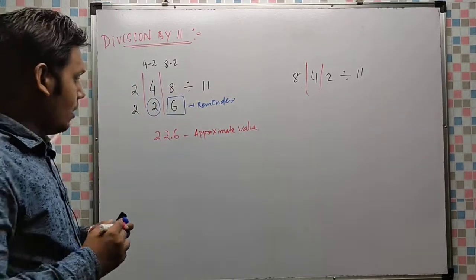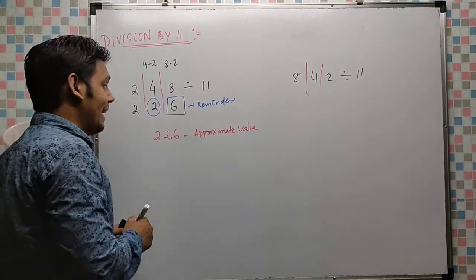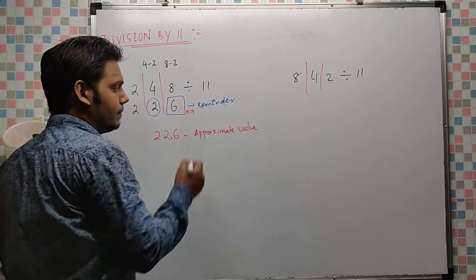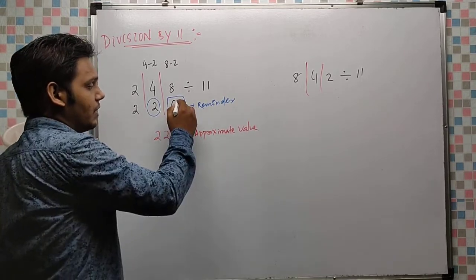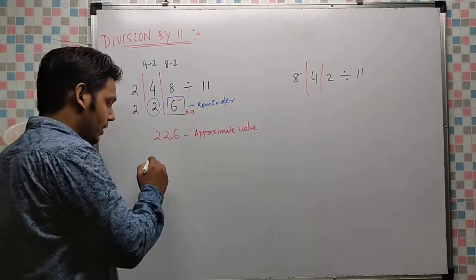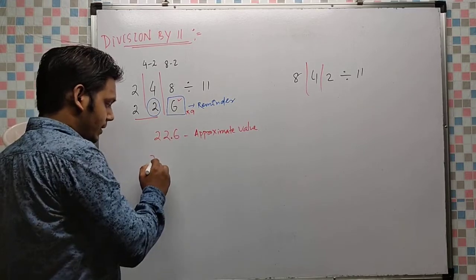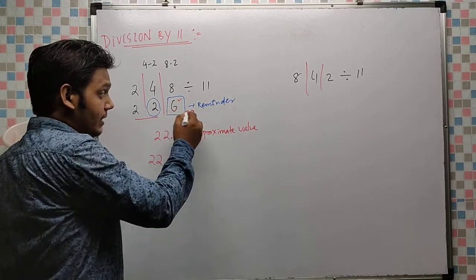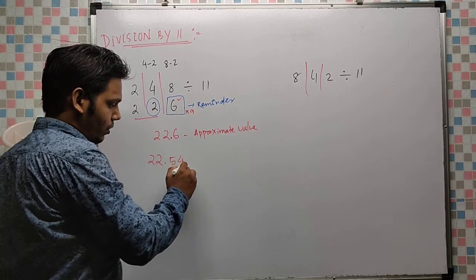Otherwise, you can multiply 9 with the remainder. Here the remainder is 6. First 2 digits you write, 22, and 6 into 9 is 54.